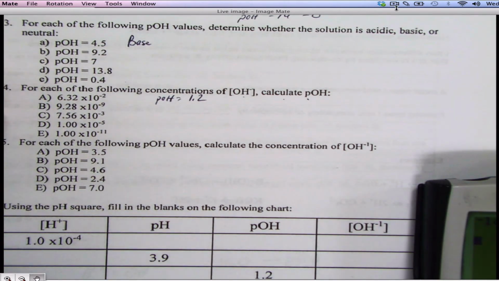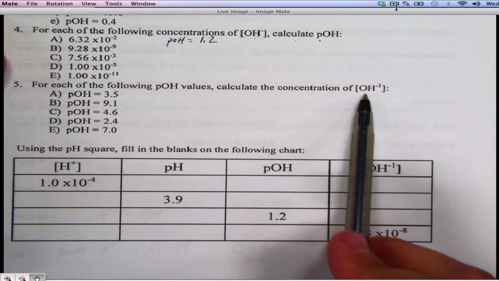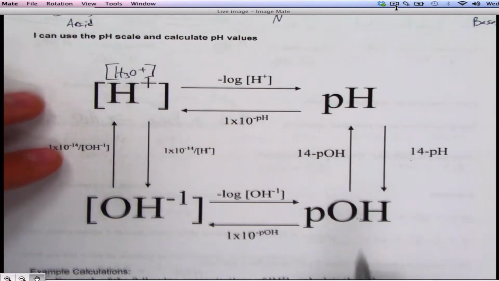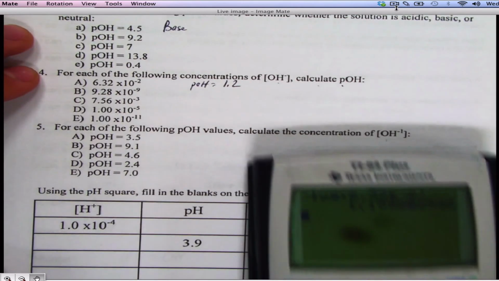And then the next calculation, just going backwards, going from pOH to H plus, or sorry, OH minus. So using that, we go from pOH to OH minus, and now we're doing the anti-log, okay? So it's just 10 to the negative whatever power. Remember, the whole numbers work nice for this, but decimals don't work so nice.